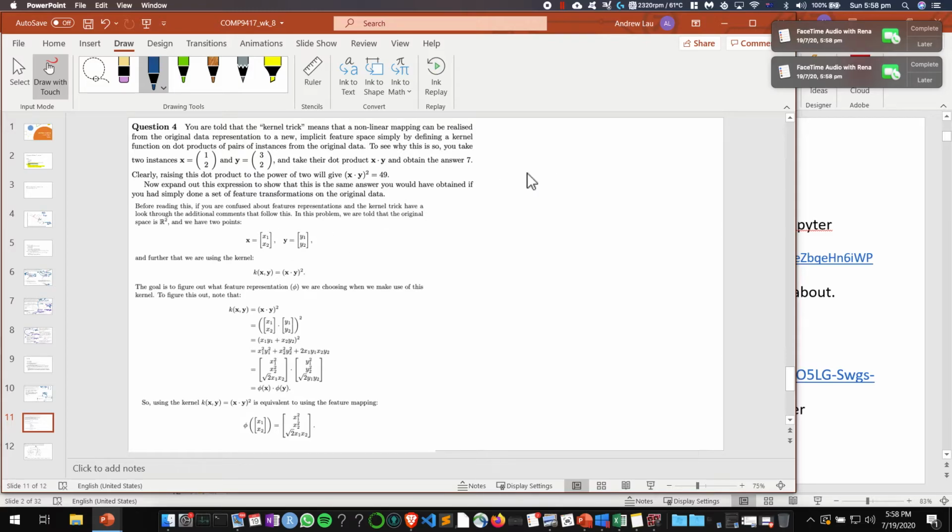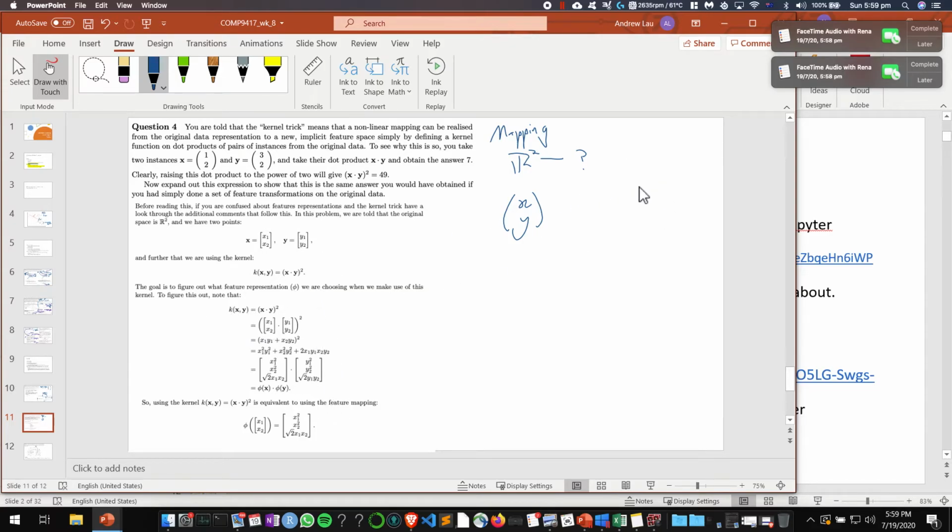So our starting point, we have some kind of mapping, and our starting point is in R2, and we want to work out where it goes to, right? The starting point is we have x and y, something like that. And we are told what the kernel function is, and we want to work backwards to work out what the mapping is.